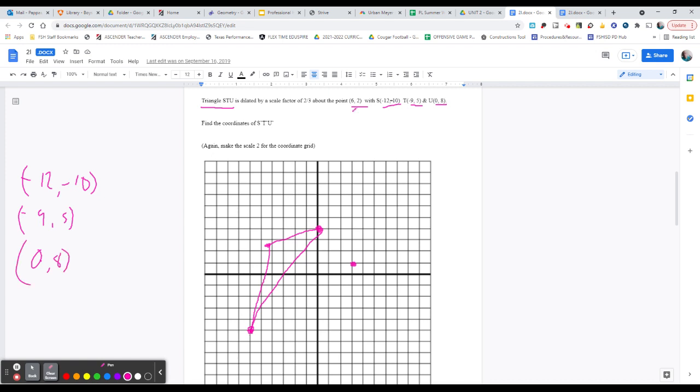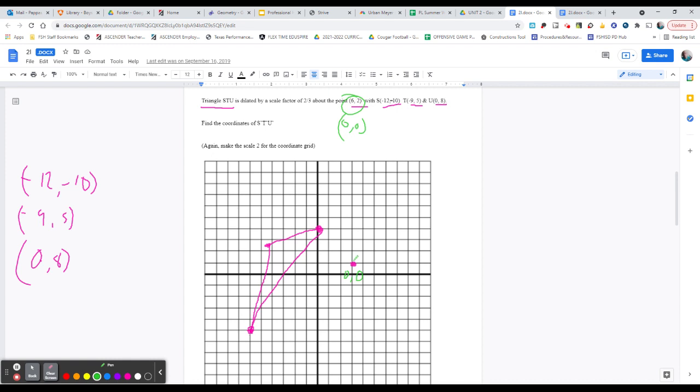Now what we're going to do, ladies and gentlemen, is make our pretend points, by pretending that (6, 2) is really (0, 0). So if we think that this point right here is (0, 0), which it's not, but we're going to pretend it is for right now.